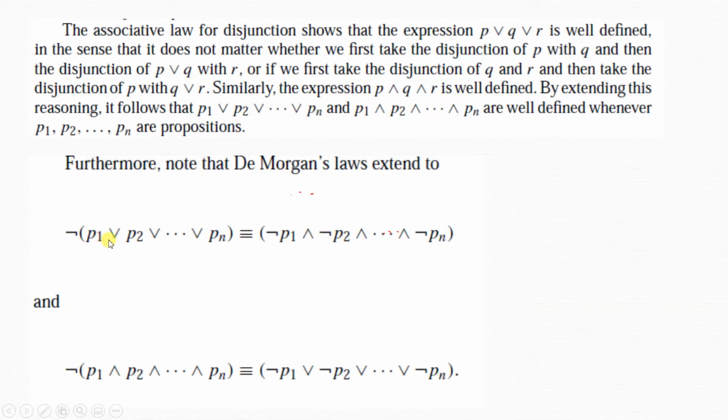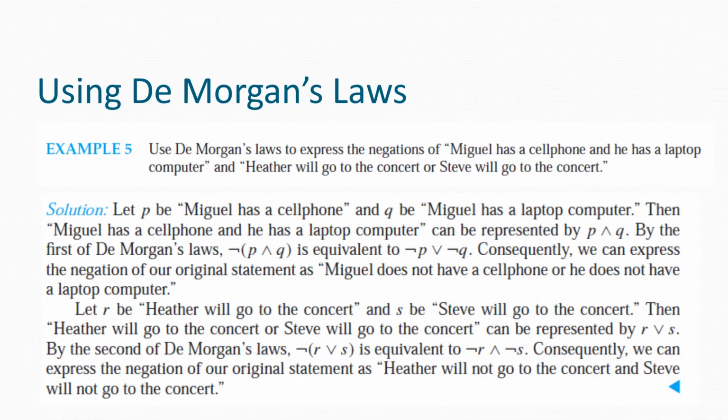So the negation of P1 and P2 and so on up to Pn is equivalent to the negation of P1 or the negation of P2 or ... the negation of Pn. Similarly, the negation of P1 or P2 or ... Pn is equivalent to the negation of P1 and the negation of P2 and ... the negation of Pn. So these are the generalized forms of De Morgan's laws.